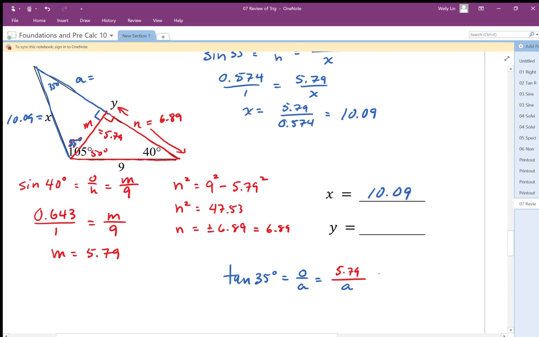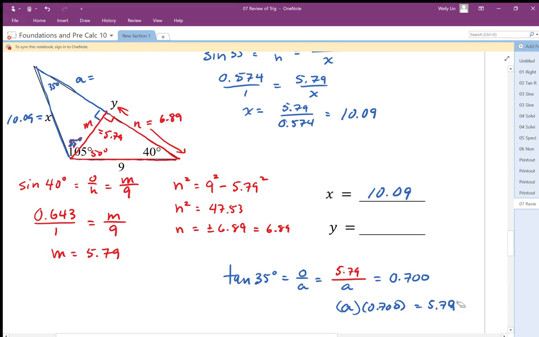And that's going to be equal to, well, I have to convert the angle into a ratio. So I'm going to need my calculator, and I get about 0.700, or the rise is 70% the length of the run. And then I'm going to solve this algebraically. A times 0.700 is equal to 5.79.